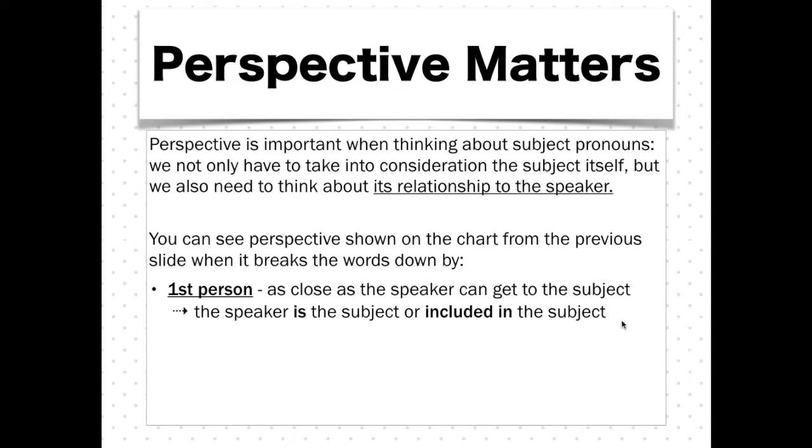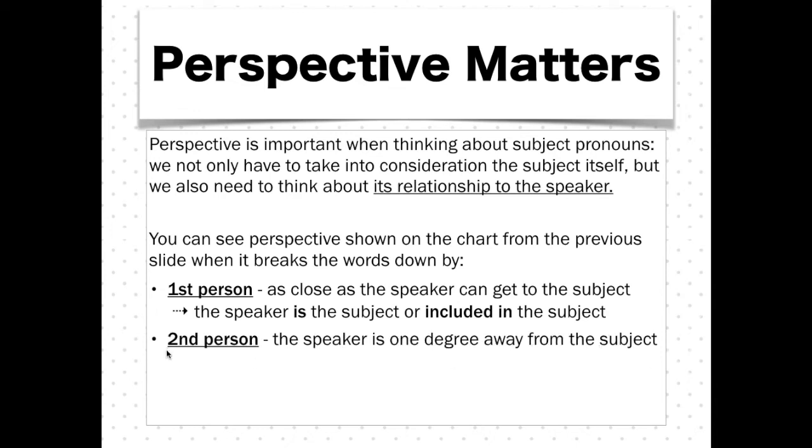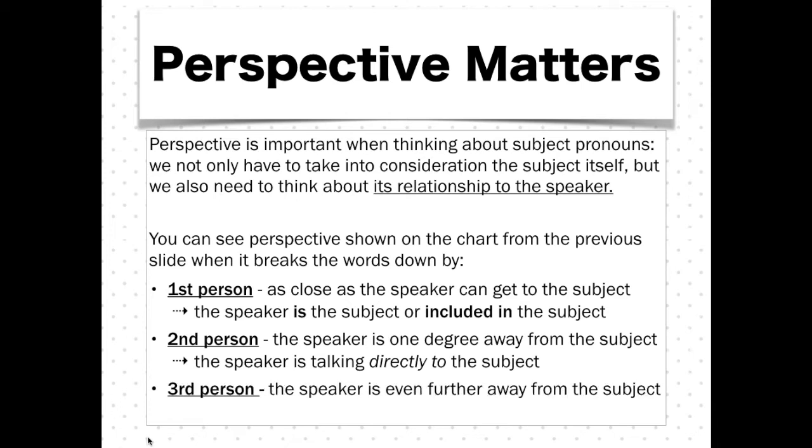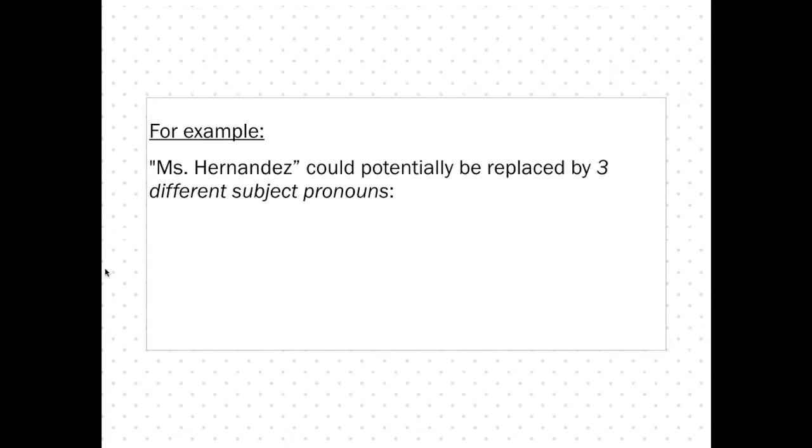Basically, the speaker is the subject or is included in the subject. Second person, kind of think about 1 degree of separation. The speaker is 1 degree away from the subject, so that would be the speaker is talking directly to the subject. And then third person, the speaker is even further away from the subject, which means that the speaker is talking about the subject.